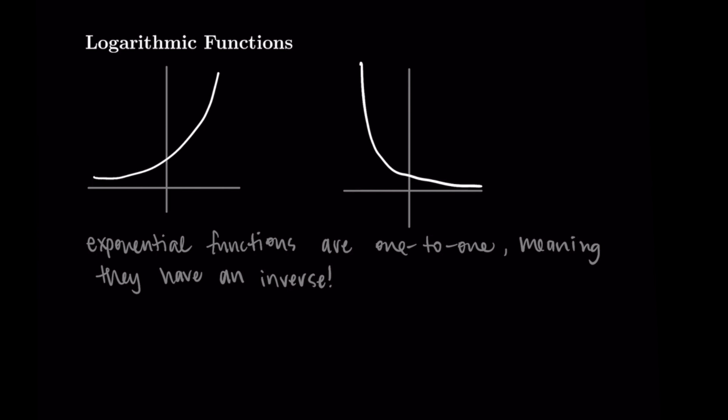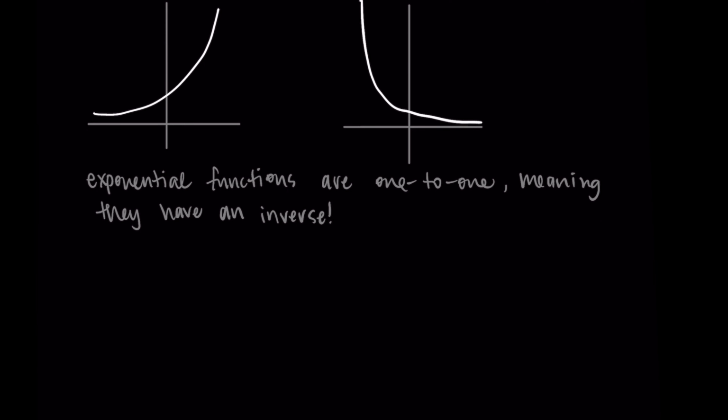So this is our motivation: we have these exponential functions, and if we're able to apply an exponential function, we want to be able to undo it. We want to have an inverse. So let's define our logarithm, which we're picking specifically as being able to undo or provide an inverse for exponentials.